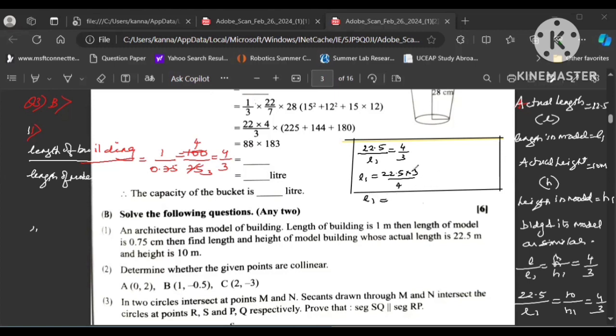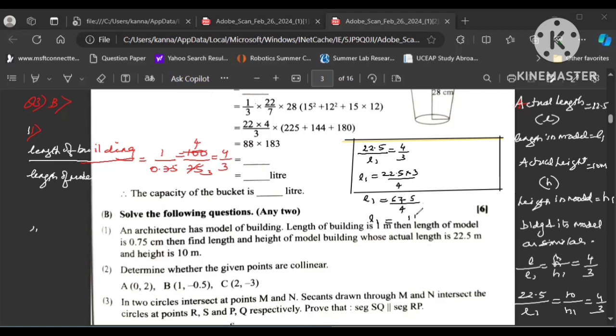L1 equals 3 fives are 15, 3 twos are 6, 67.5 upon 4. 4 fifteens are 60, 4 sixteens are 64.